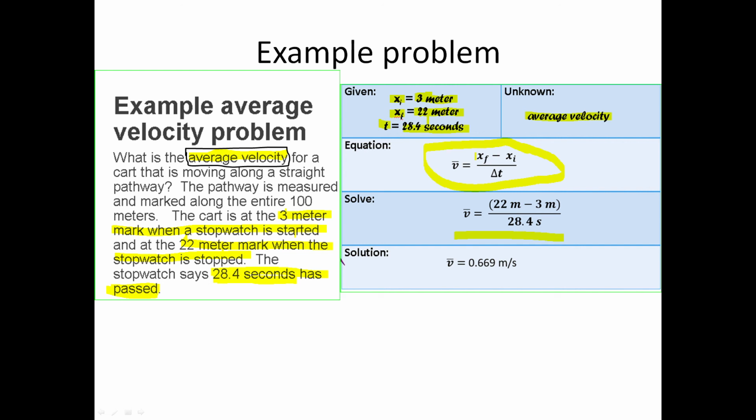And then the solution would be 0.669 meters per second, because 22 meters minus 3 meters is 19 meters, and 19 meters divided by 28.4 seconds is 0.669 meters per second.